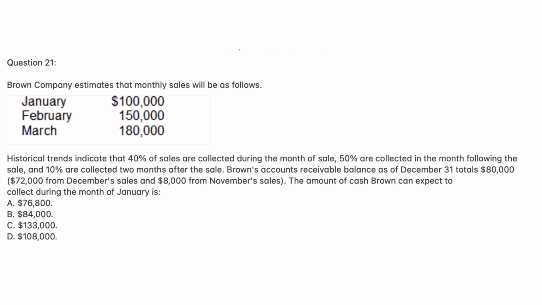Question 21. Brown Company estimates that monthly sales will be as follows. Historical trends indicate that 40% of sales are collected during the month of sale, 50% are collected in the month following the sale, and 10% are collected 2 months after the sale. Brown's accounts receivable balance as of December 31 totals $80,000, $72,000 from December's sales and $8,000 from November's sales.